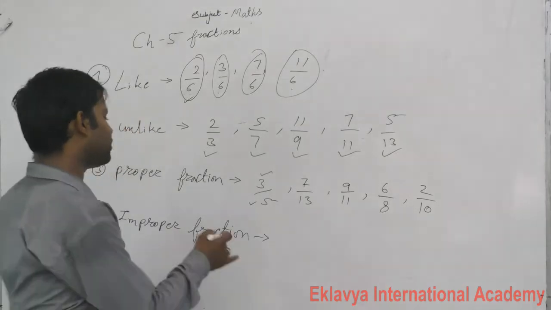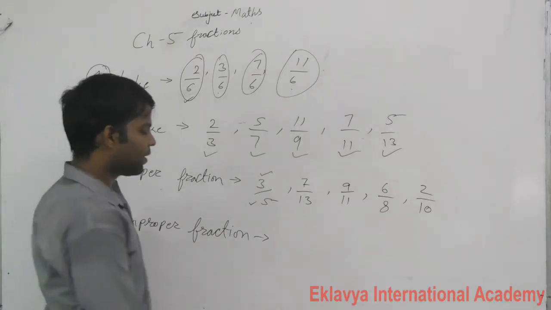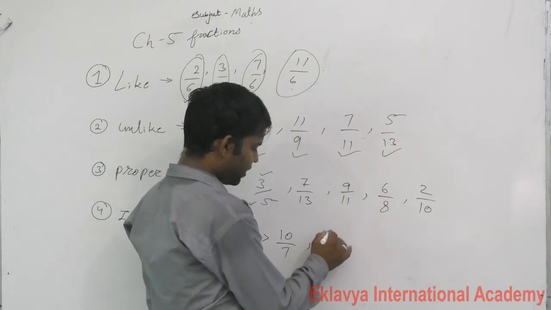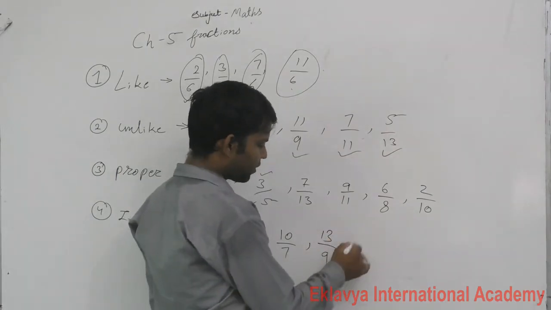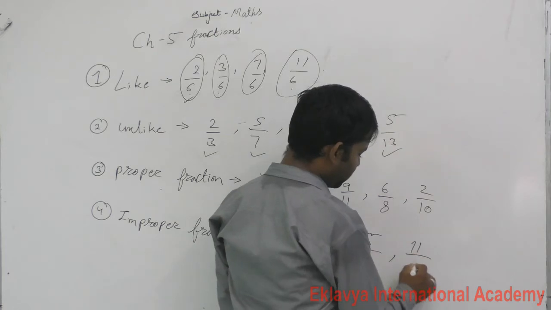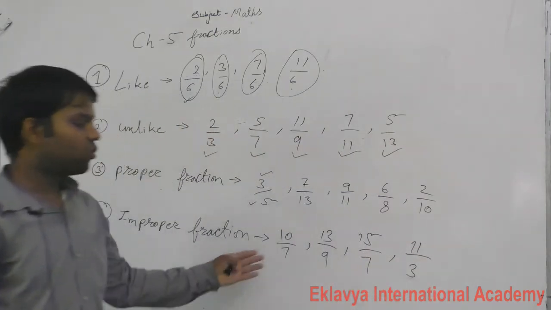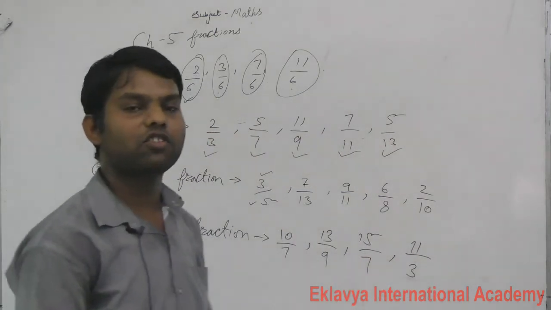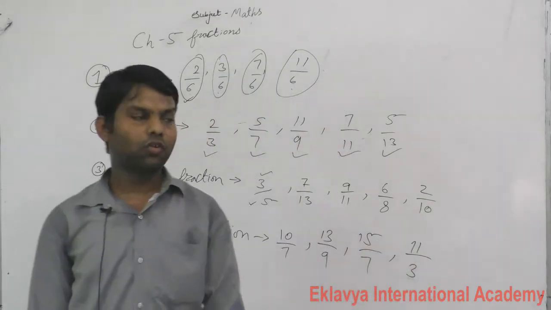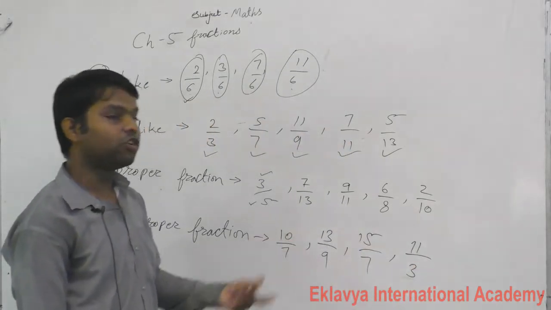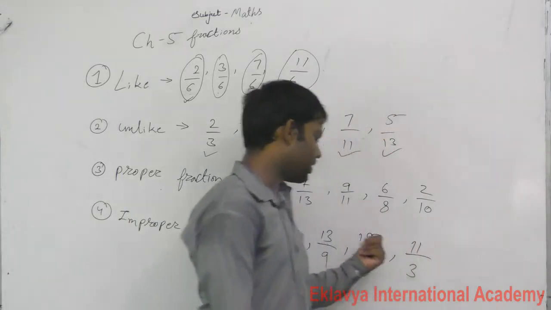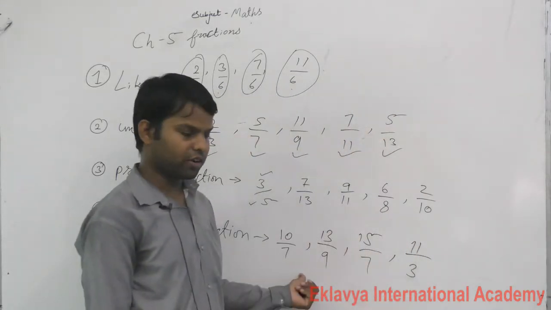It is just the opposite of a proper fraction, like 10 upon 7, 13 upon 9, 15 upon 7, 11 upon 3. In all these fractions, the denominator is always less than the numerator. So we say the numerator is more than the denominator. The numerator is bigger than the denominator.